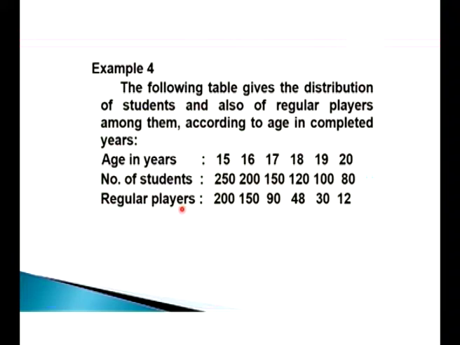And one more piece of information is given in the question about the regular players. The regular players among the 250 students in the age group of 15 is 200, and 150 students are regular players in the age group of 16, like that.